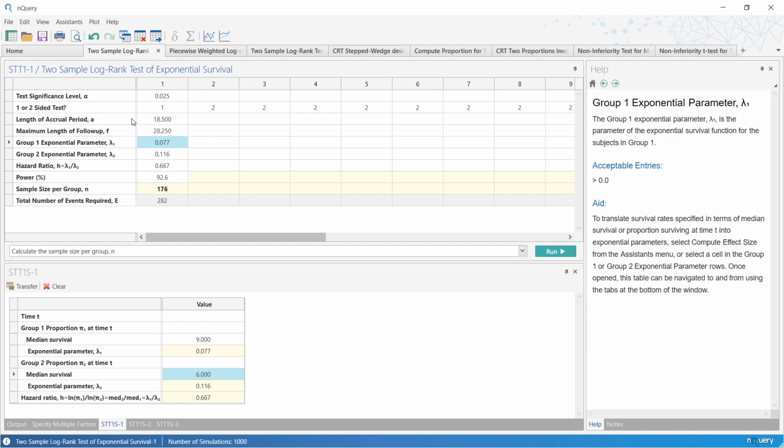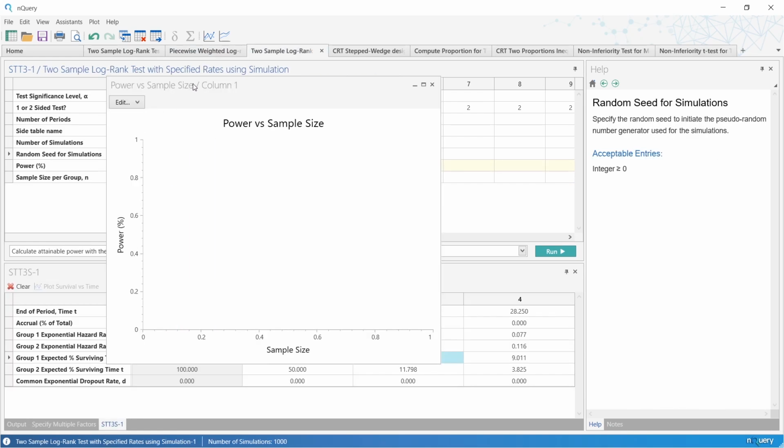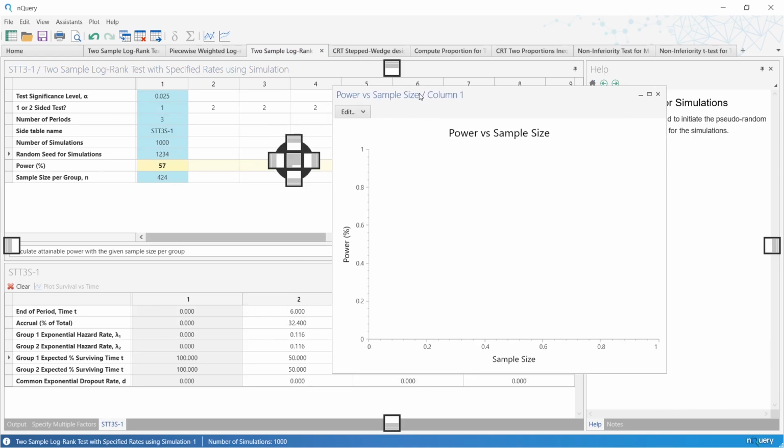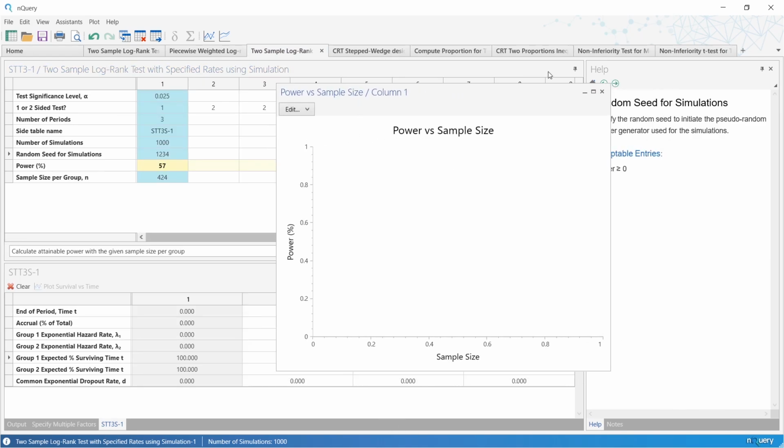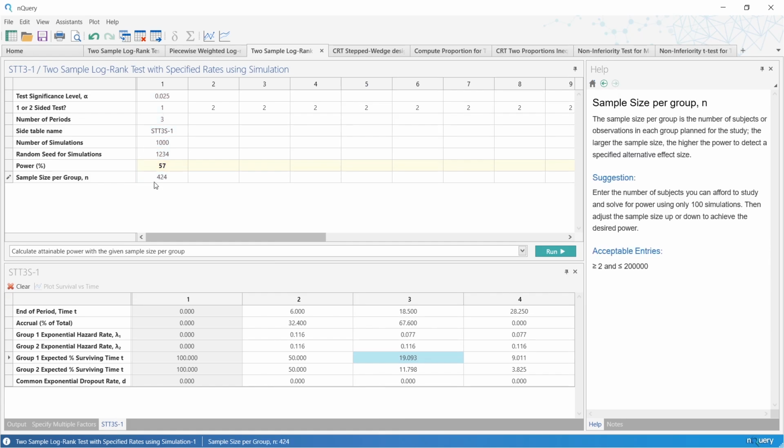That's the assumption under which it's the most powerful test. The Cox regression model is basically the same thing. But if we had this delayed effect, this model suddenly becomes a lot weaker because we'd only have around 50% power for the same type of results here. I can just leave this here for a second. And we probably need to increase the sample size significantly to get back up to that result.